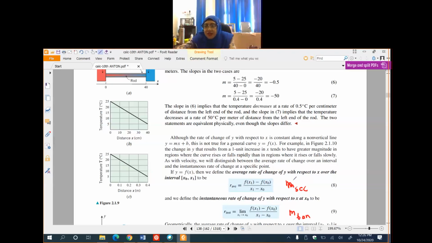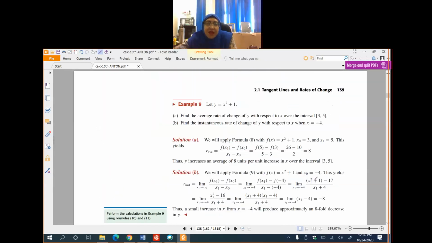So in other words, the average rate of change is similar to the average velocity, and the instantaneous rate of change is similar to the instantaneous velocity. They are the same. The difference is just the coordinates. In the velocity we use t, and in this one we use x.